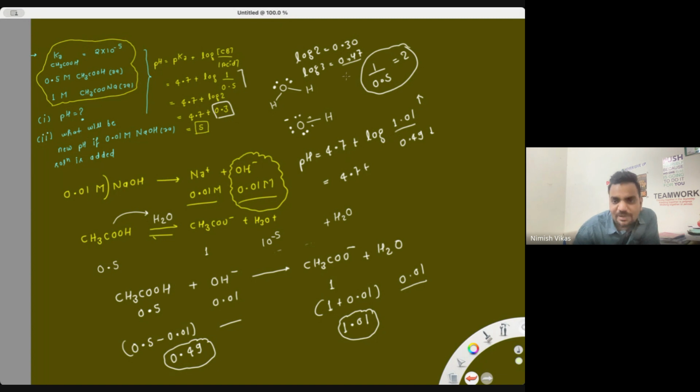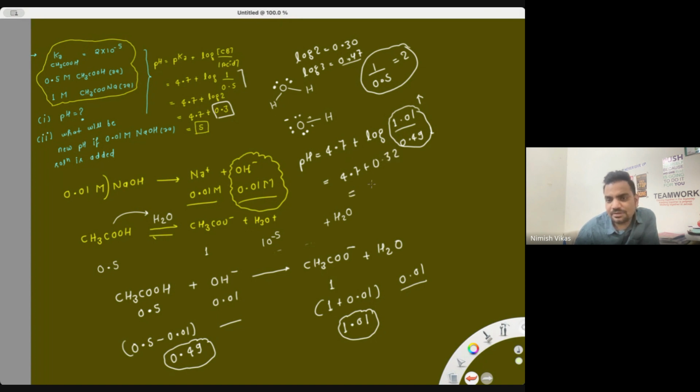This time it will not be even 0.47 because this ratio will not be even 3. It is slightly more than 2. So log of 2 was 0.30. This time it may become 0.31 or 0.32 if you take the log of this number. Let's say this is 0.32.